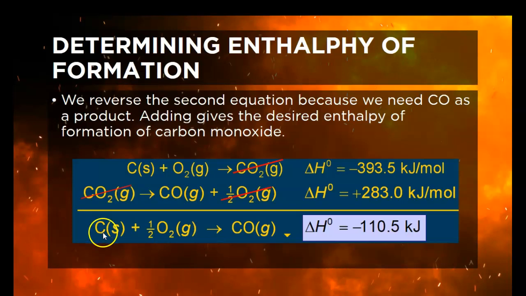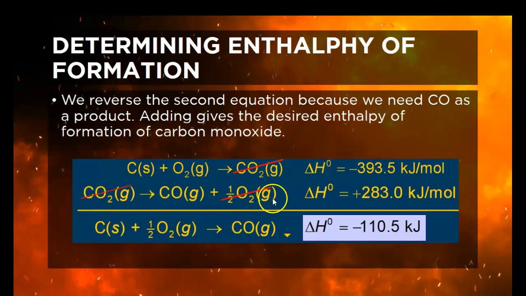Remember, the bottom here is what we showed on the first page, C plus 1/2 O2 gives CO. There was a C on the left of the first equation, and a CO on the left of the second equation. However, in my final answer, I want CO to be on the right. So they reversed that combustion equation.